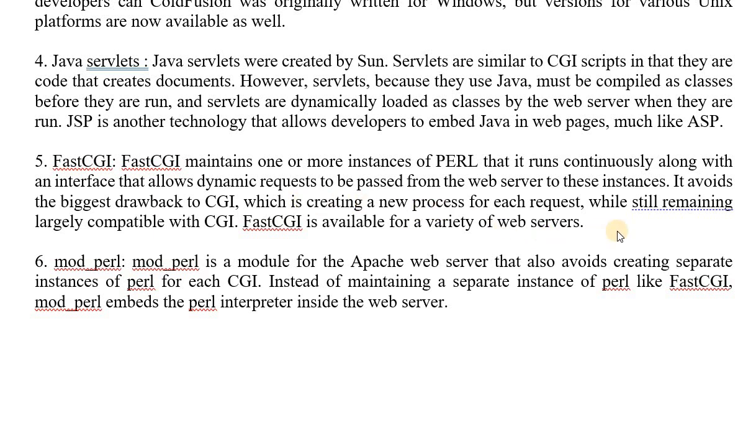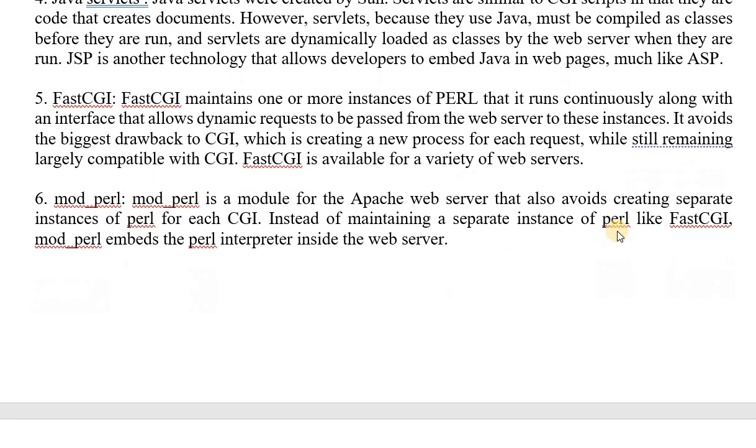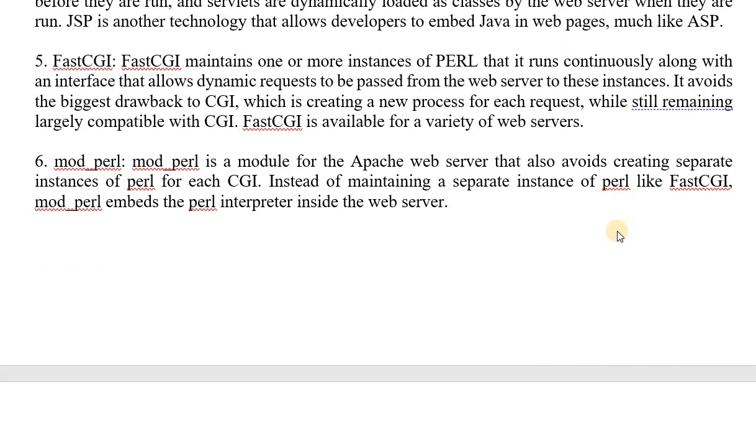So for every request, a new process is not created in this case. And then the last one is Mod Perl. It is a module for the Apache web server, which also avoids creating a separate instance of Perl for each CGI. So some disadvantages of CGI are overcome in all these alternatives.